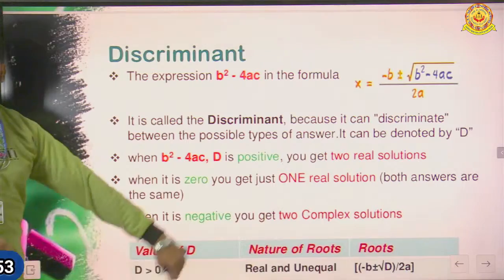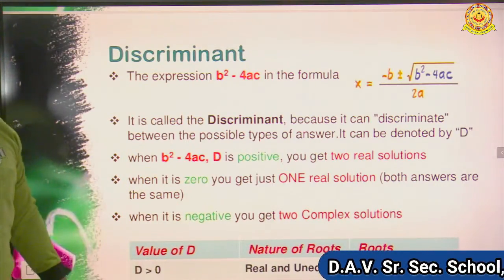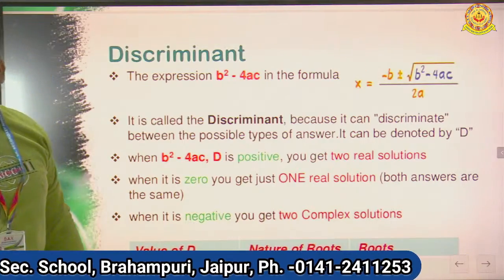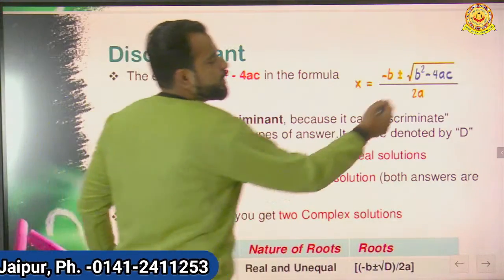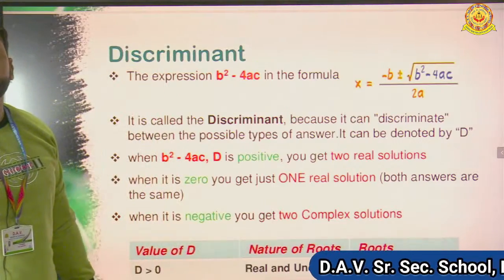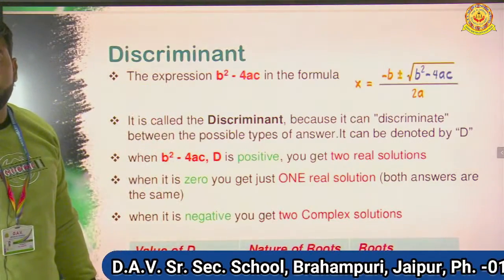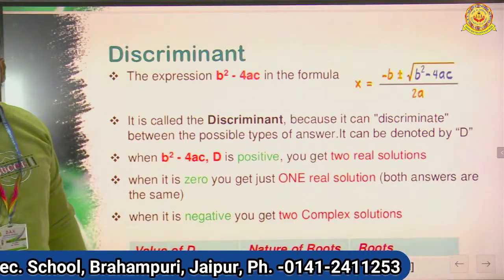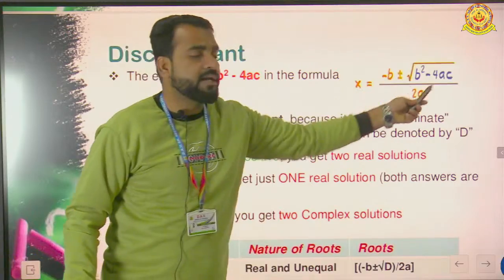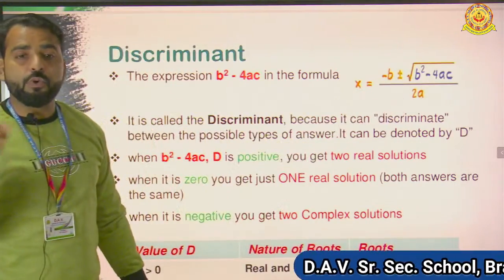Okay, so if the question says find that the roots are real, not real, imaginary, or maybe equal roots, so first we have to check it by this b square minus 4ac. You have to not put the square root in that situation when you are checking that the discriminant is equal, not equal, or 0. So you have to check only b square minus 4ac by not putting the square root.